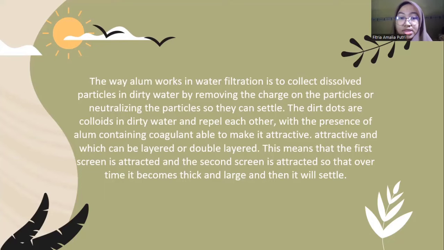The dirt particles are colored as dirty water and repel each other. With the presence of alum containing coagulant, they are able to become attractive and can form layers or double layers. This means that the first layer is attracted and the second layer is attracted, so that over time it becomes thin and large and then it will settle.